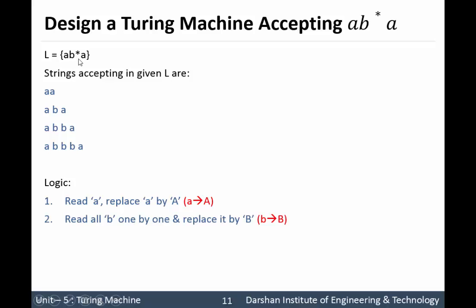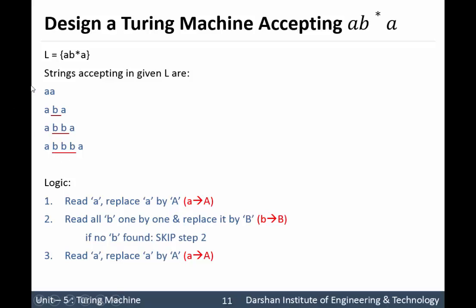So read all the b one by one and replace it with capital B. If no b is there in the string, then you have to skip step number 2. Now again, last character is always a. So read a and replace small a by capital A.